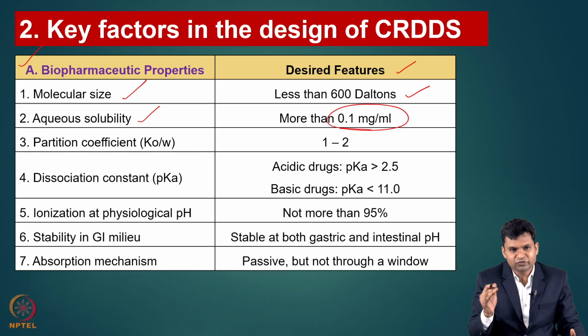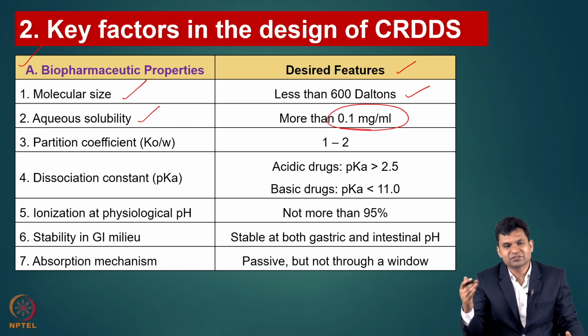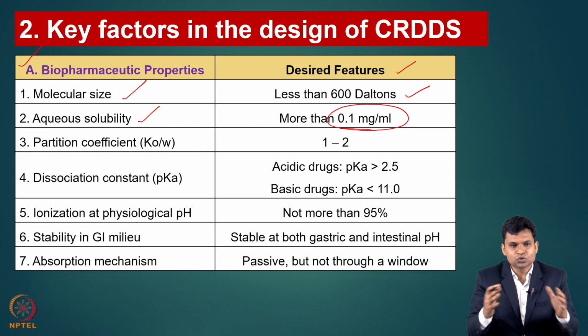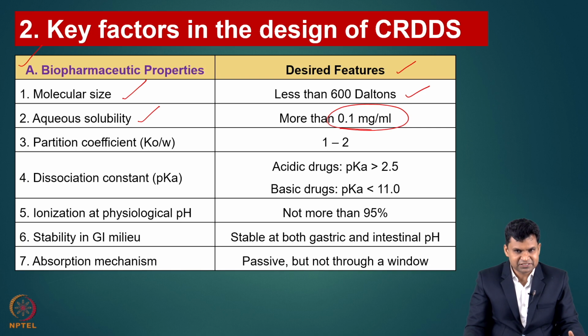If your drug is water insoluble, we need to use various solubility enhancement techniques like solid dispersion, complexation, hot melt extrusion, converting crystalline drugs into amorphous forms, and co-solvency. With various techniques we can improve the solubility, and then we can use such modified drugs and convert them into controlled release drug delivery systems.